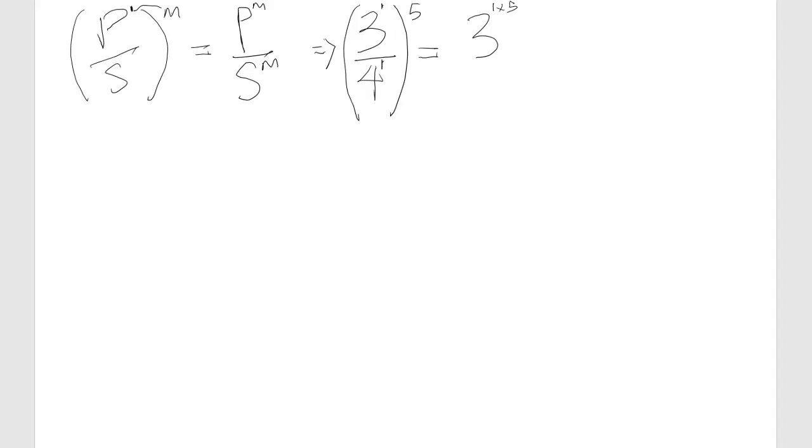Remember the other law of indices that says P raised to power M, all raised to power N, gives P to the power M times N. So you're opening this bracket, so you do this times this. Then you go back and do 5 times the power here, the index here, sorry, 1 times 5.